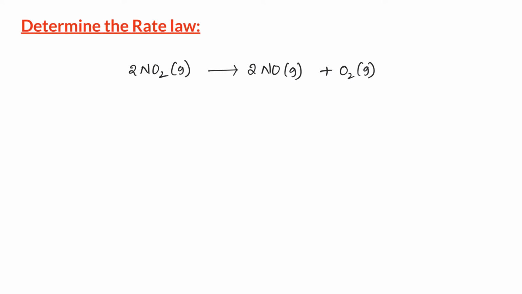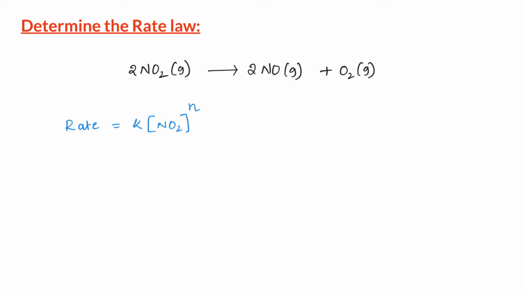The general form of the rate law for the above chemical reaction is rate equals some constant k times the concentration of the reactant, which is NO2, raised to the power of its order, let's assume n.